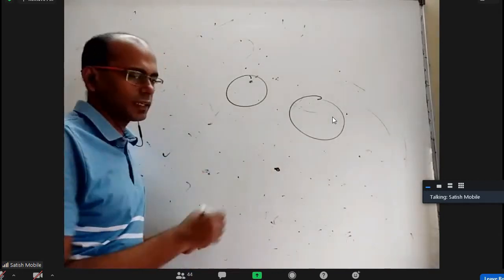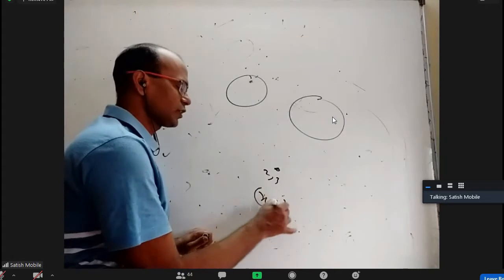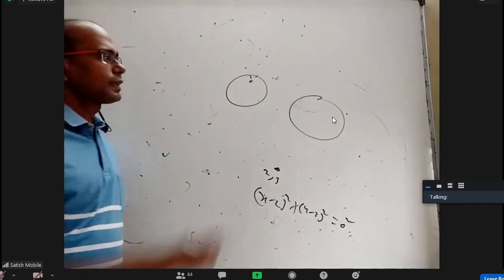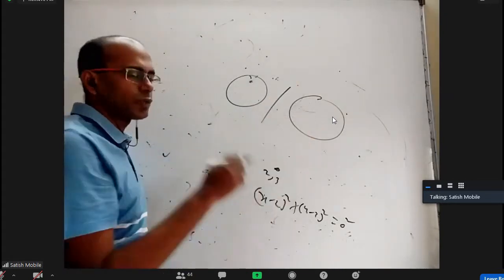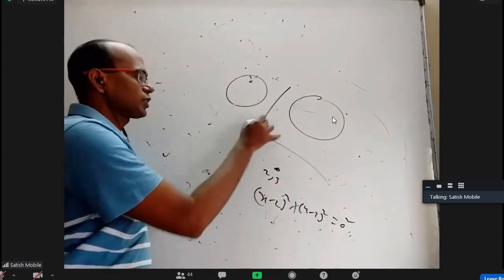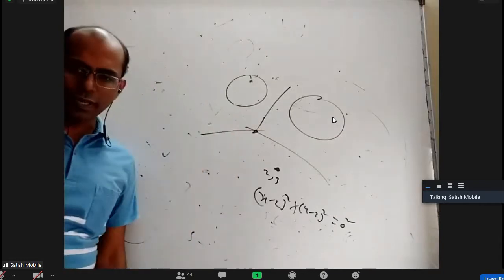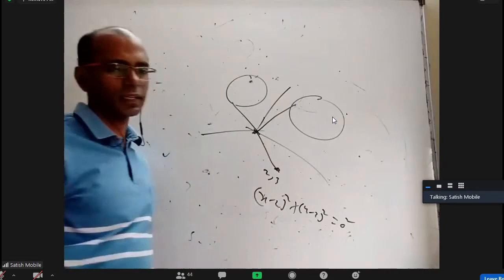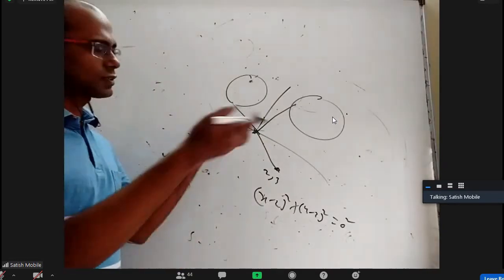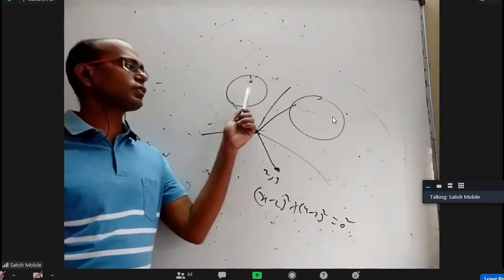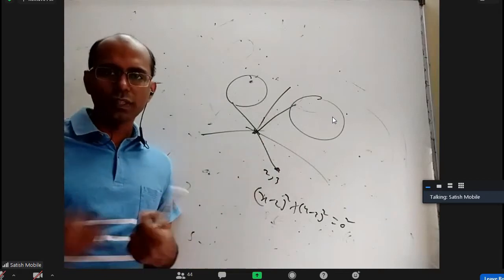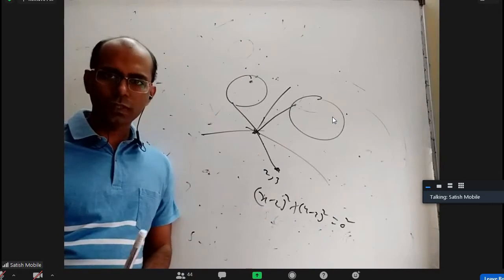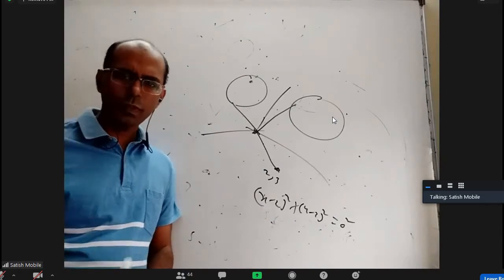Assume this as a point circle. Let's say it is 2, 3. Take it as x minus 2 whole square plus y minus 3 whole square equal to 0. Subtract these two equations, and we get one line. Okay, we'll get one radical center. From that, the length of tangent to this and the distance to this point circle are equal. If we take that as the radius, again we'll get a circle intersecting this orthogonally and passing through the point. So in the case of a point circle, orthogonality and passing through the point are the same. Is it clear, everybody? Okay.